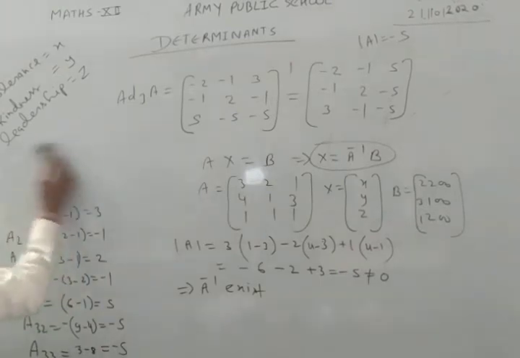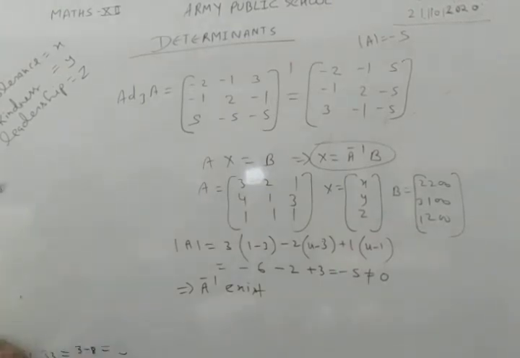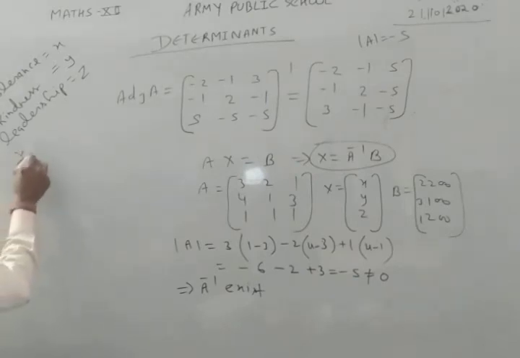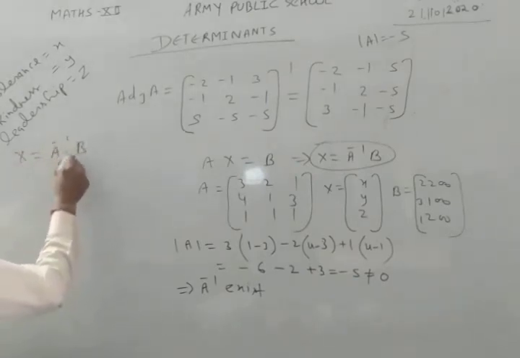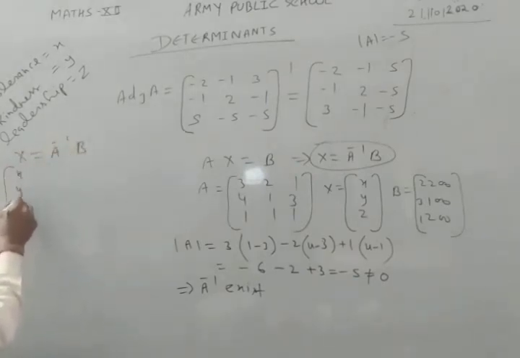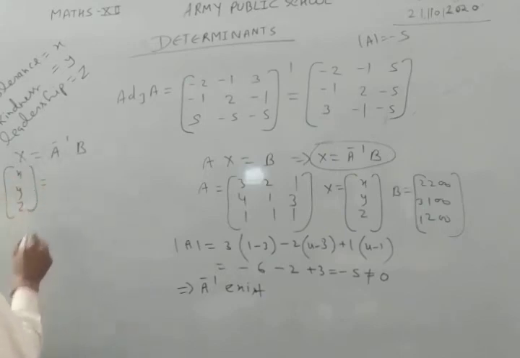So let x be equal to A inverse B, where x is x, y, z. First we will find A inverse.